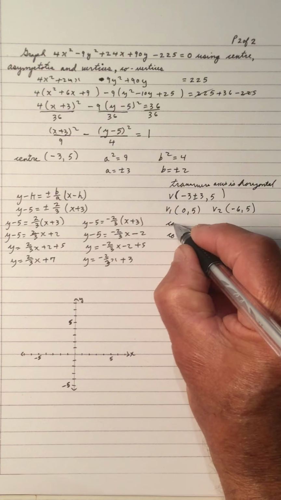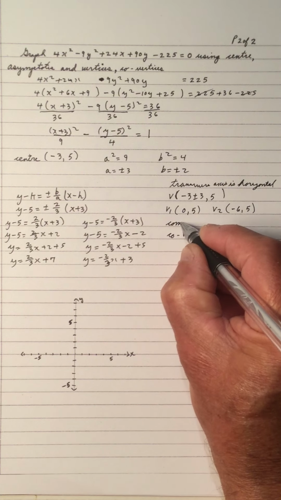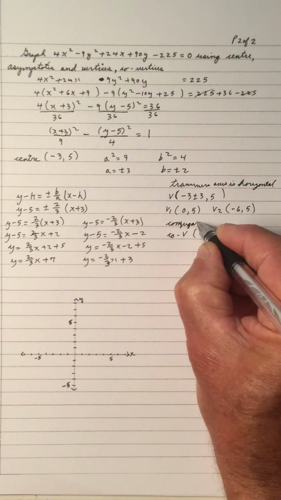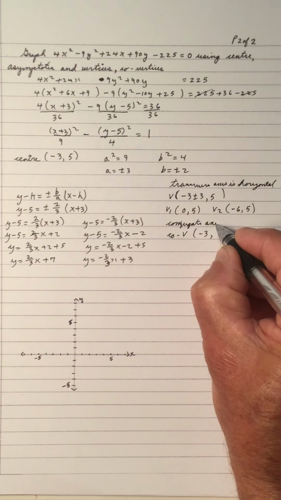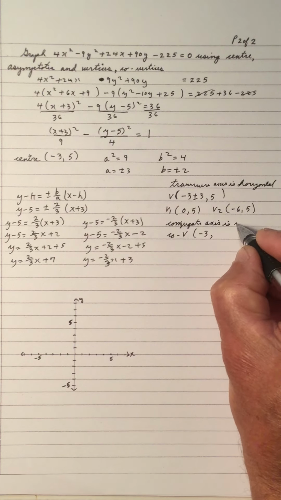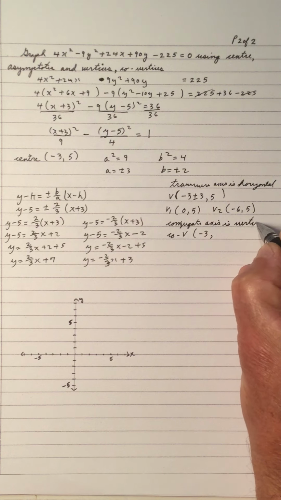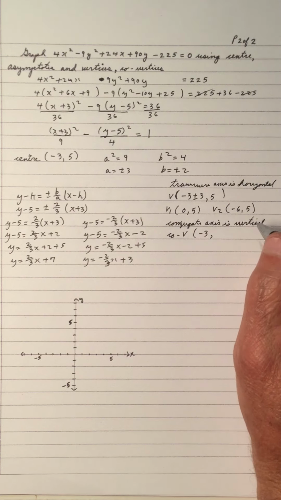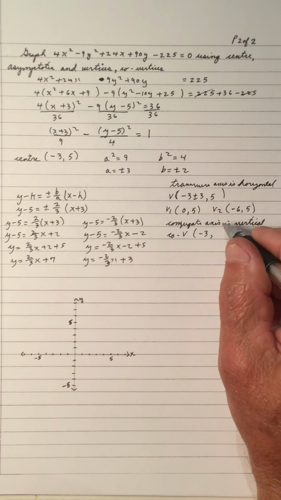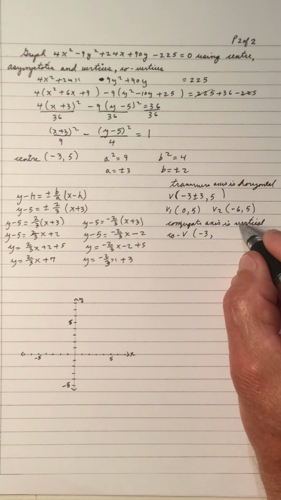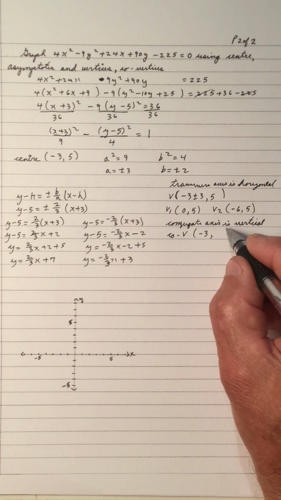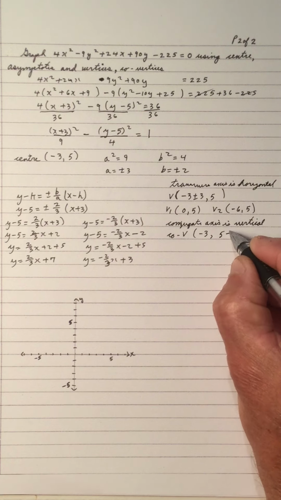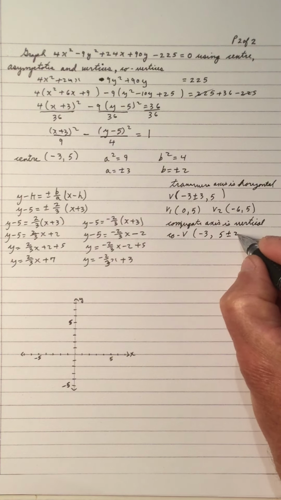And the conjugate axis is the vertical. So these co-vertices, even though they're not a part of the graph, we just put them in. The conjugate axis is vertical, so that means the b is added to the y value, so it's 5 plus or minus the 2.